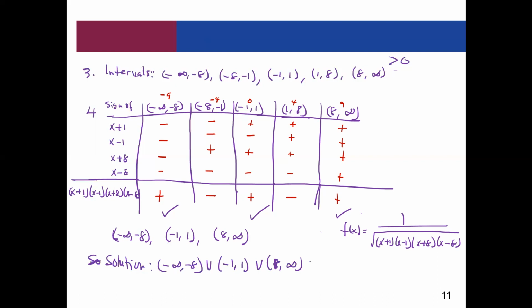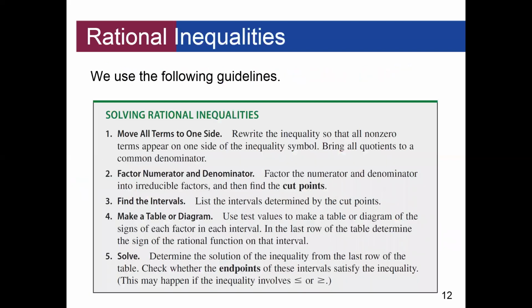So this is your domain, the domain of the function f of x. All right, so that is the end of part 1, and I will do part 2 on rational inequalities in a minute.